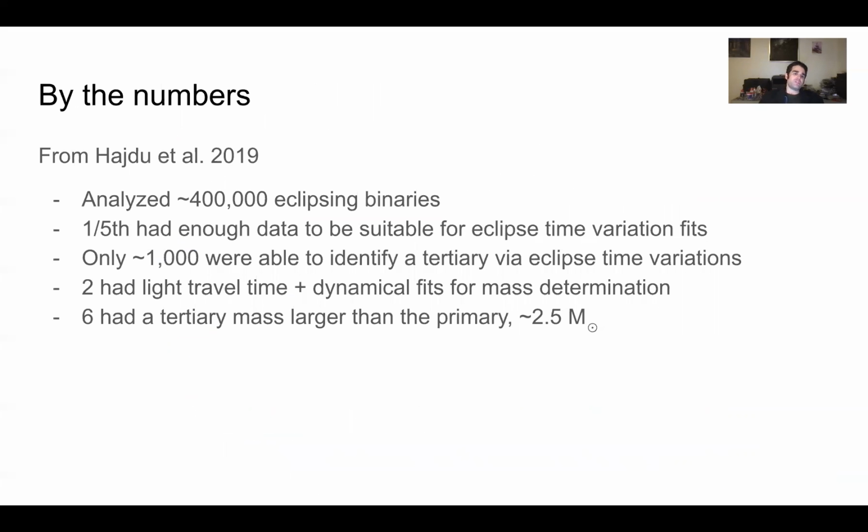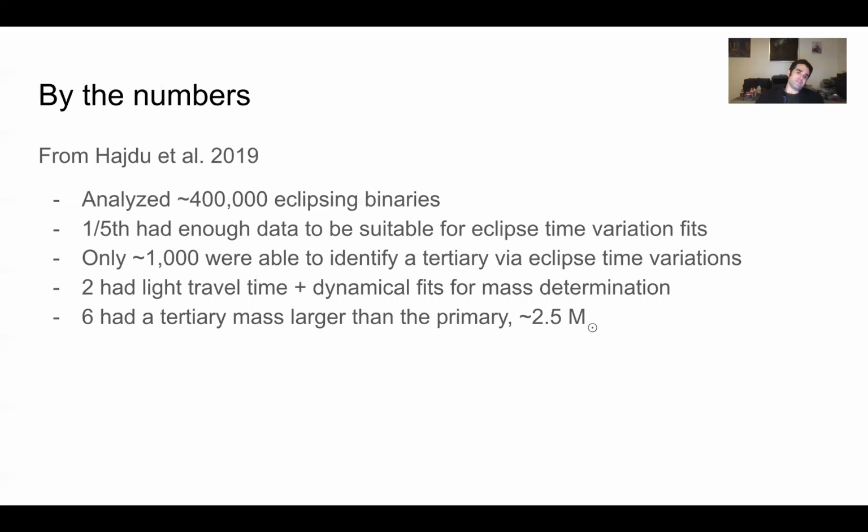And so this is, by the numbers, looking at the feasibility of this technique. OGLE obtained 400,000 eclipsing binary light curves, but only a fifth of everything in the data set from this data release at the time of the paper had enough data suitable for eclipse timing variation fits. And out of those 80,000, only 1,000 had an identifiable tertiary.